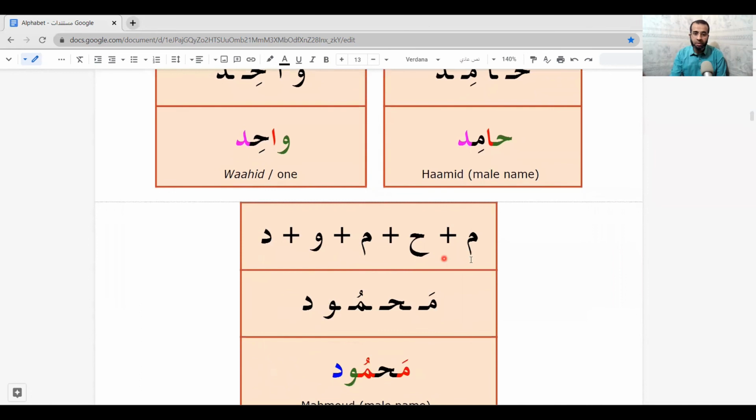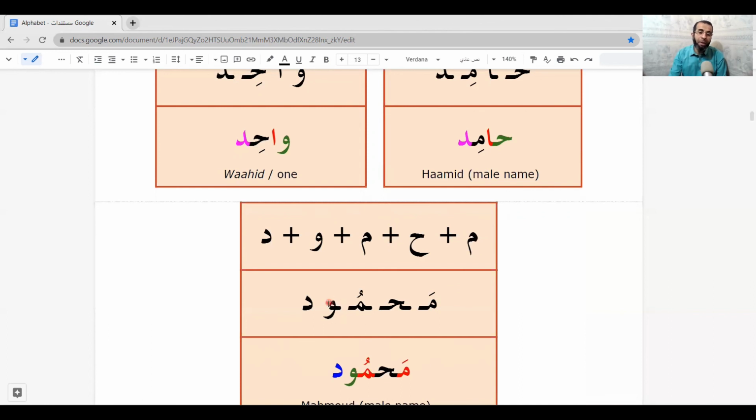What about this word? It has 5 letters. Mim, ha, mim, waw, dal. The first meem has fatha above it. Look here, this is meem and also this is meem. This first meem has fatha and this has dhammah. So this is ma, but this is mu.